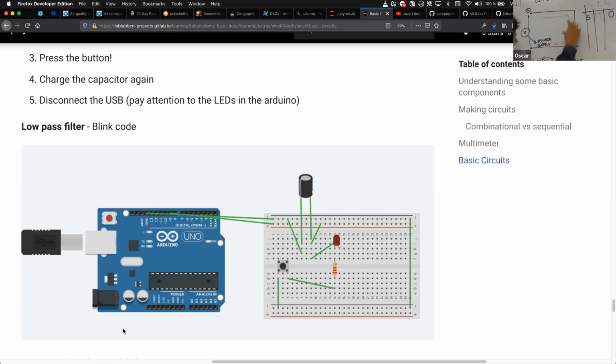Why does this matter? Because when current is very large, we have what we call a short circuit. And many times you will see this with this sign, maybe something like this.